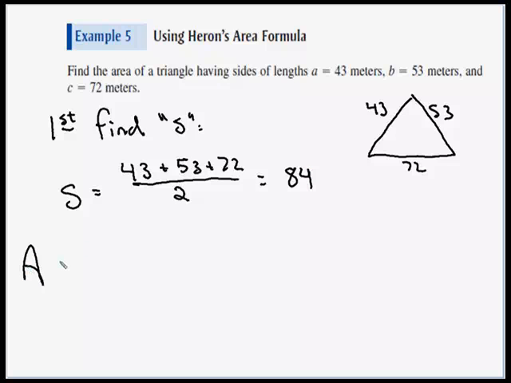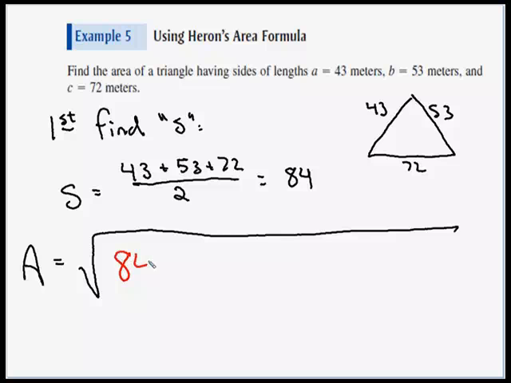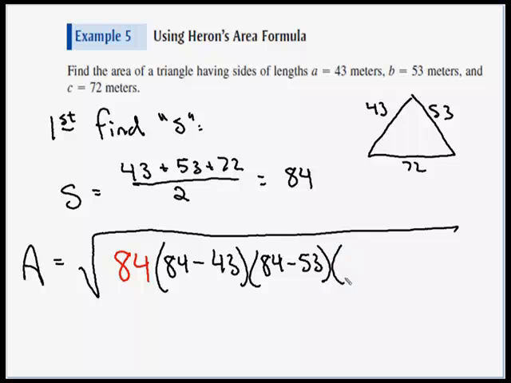So Heron's area formula says we're going to have a nice big radical. And under that radical, we have S. And we multiply that by three things. S minus side A, 43. The same S minus side B, 53. And the same S, 84, minus side C, 72.